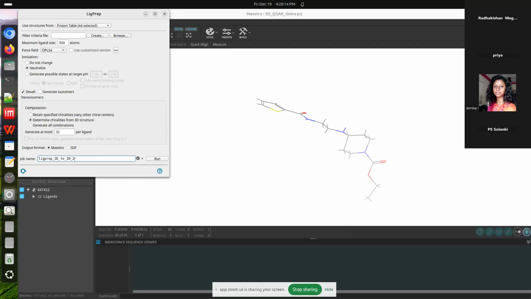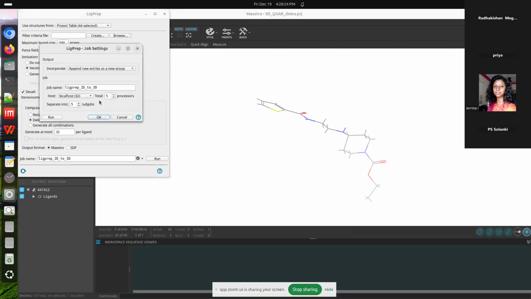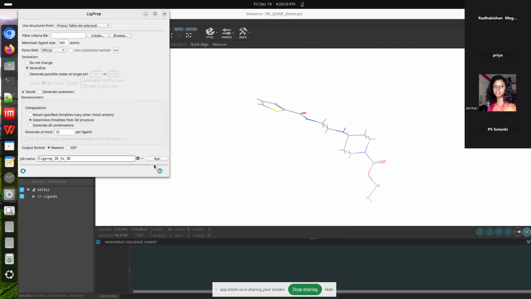Since I've already done that, it's showing me a different name, and you can give any sort of name. Make sure that the job is run in the localhost, and you can just click on run. So all of the ligands that you have imported will be prepared now after giving the run.